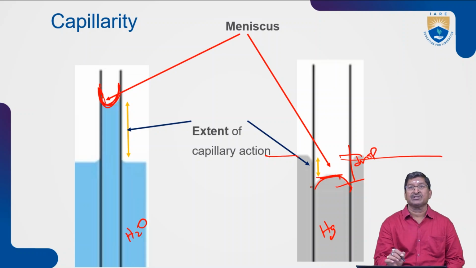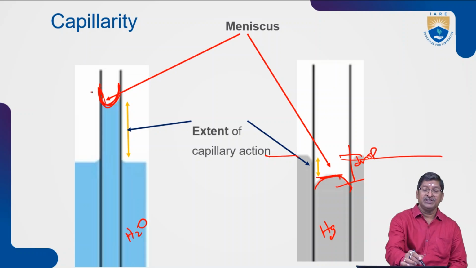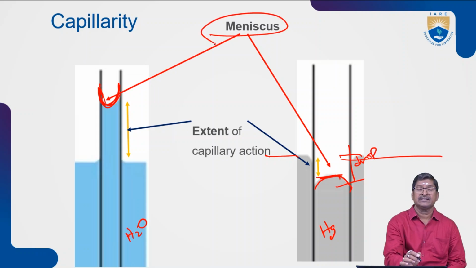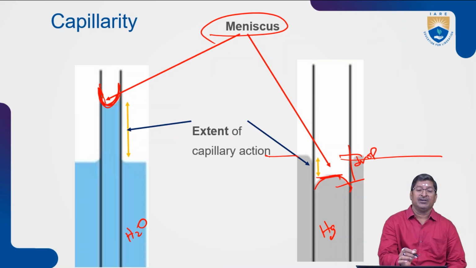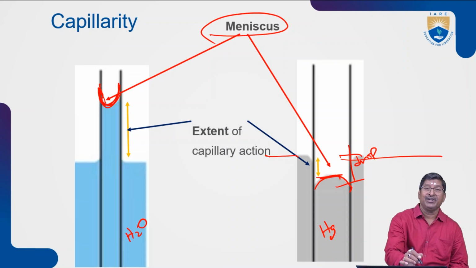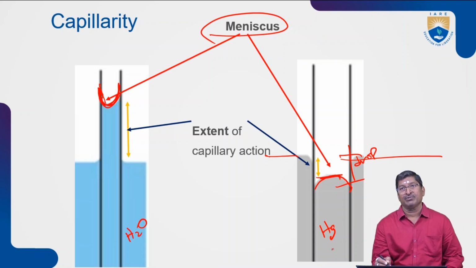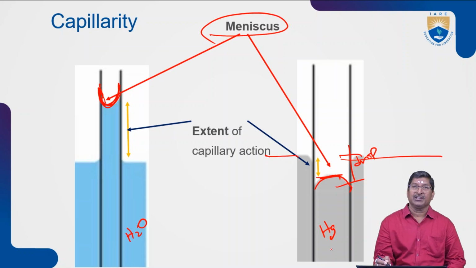Here it is a reverse process. So this shape is called meniscus. Meniscus is nothing but the top surface curve in the smaller diameter tube, whenever you insert it in water, mercury or another liquid.